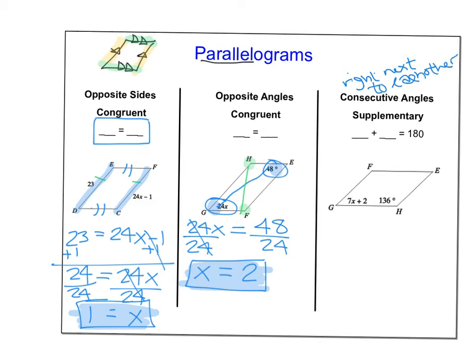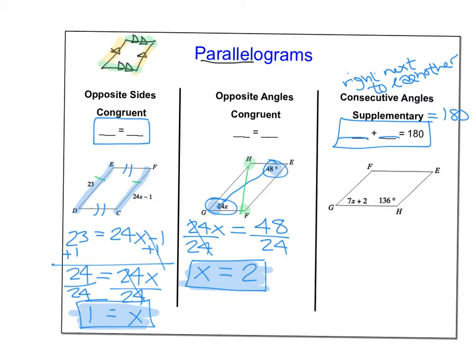So consecutive angles are supplementary, which means they equal 180 when we add them together. And that's how I have this little formula here. Okay, so I have one angle plus the other angle equals 180. So again, supplementary is right next to each other.